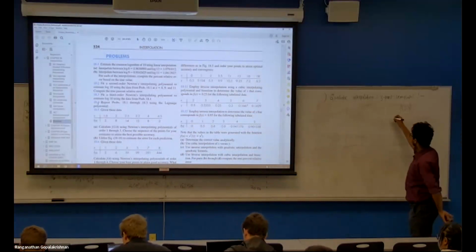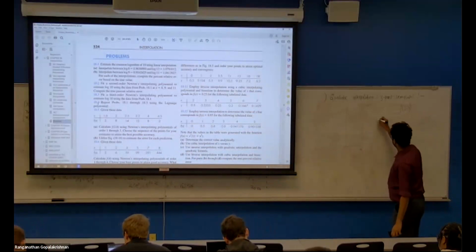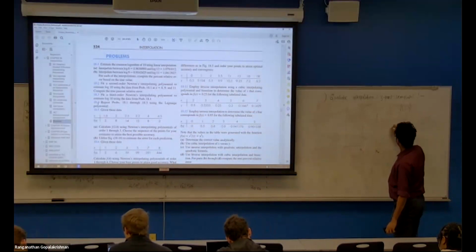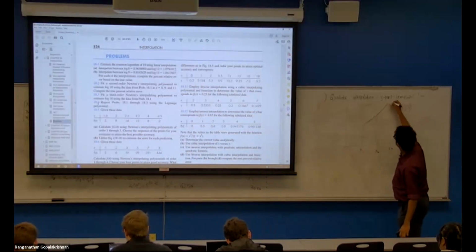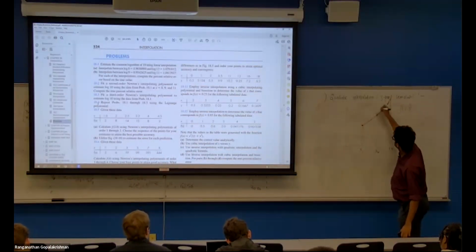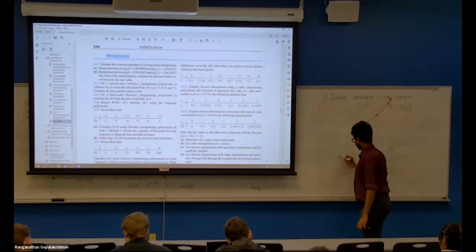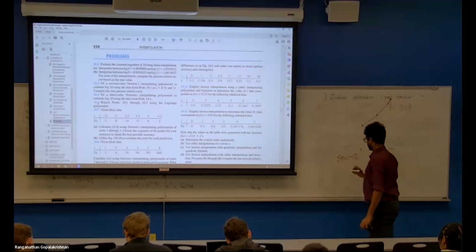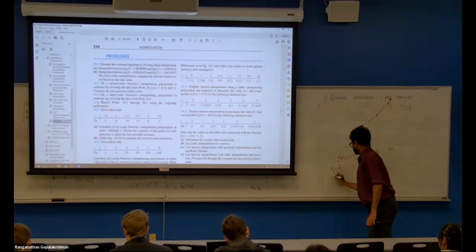So f of 2.8. I'm going to write x1, x2, and x3. So for stencil 1, we have x1 equal to 2, x2 equal to 2.5, and x3 equal to 3.2.